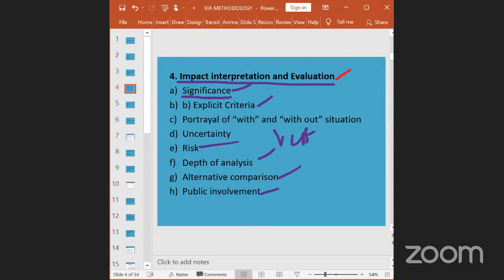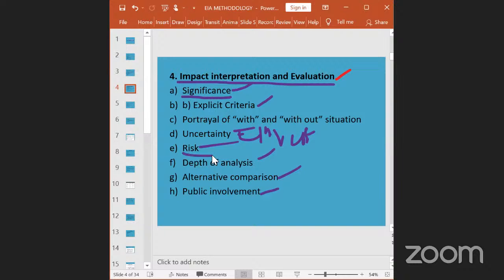And uncertainty. Uncertainty of possible impacts is a very real problem in environmental impact assessment, EIA, right? So this methodology should be able to take these aspects into account.